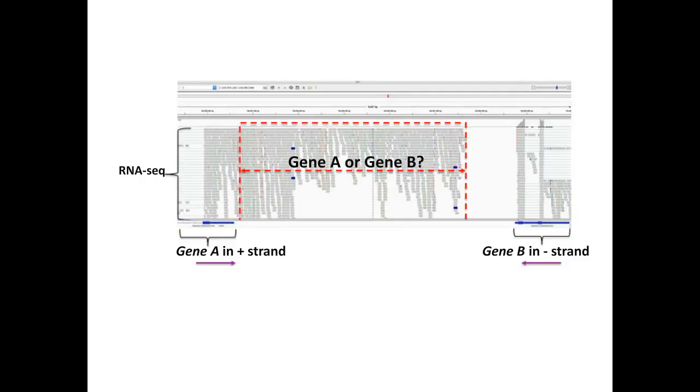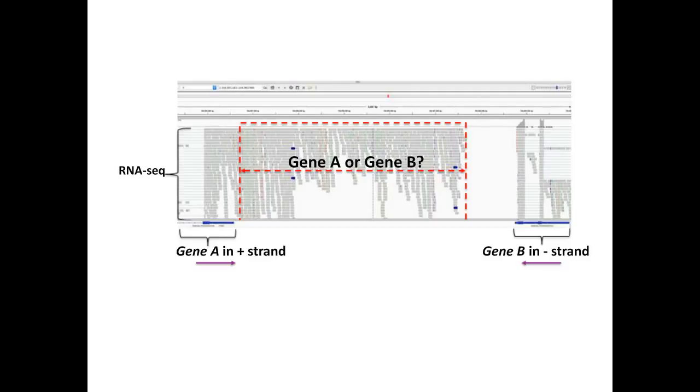The transcript for gene B ends here, and the transcript for gene A ends here, based on the current gene model annotation. Because we see all these reads between the two genes based on RNA-seq, we can't tell where they belong.